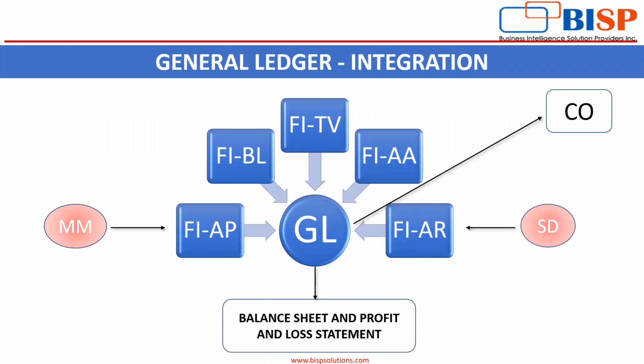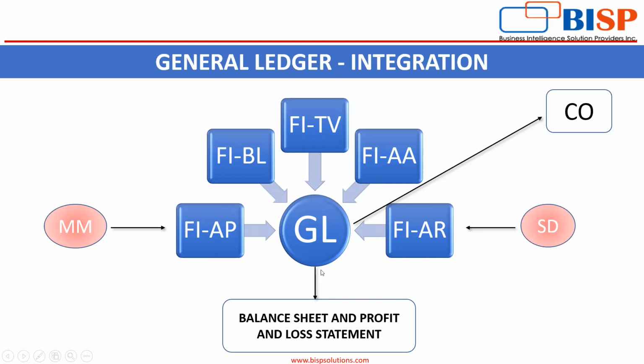All the modules in SAP are integrated with GL. Now this GL accounting is one main ledger. Also, there are sub-modules like SD and MM, that is material management, that are first integrated with ARAP respectively, and then these modules are integrated with GL.